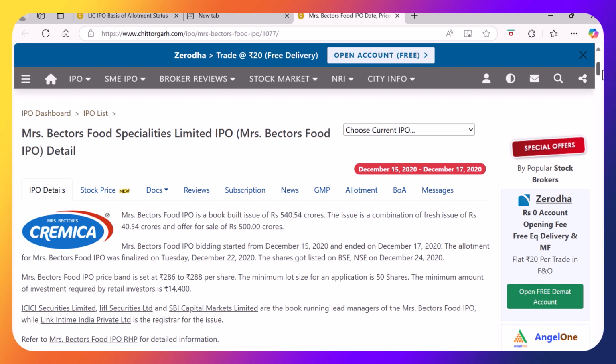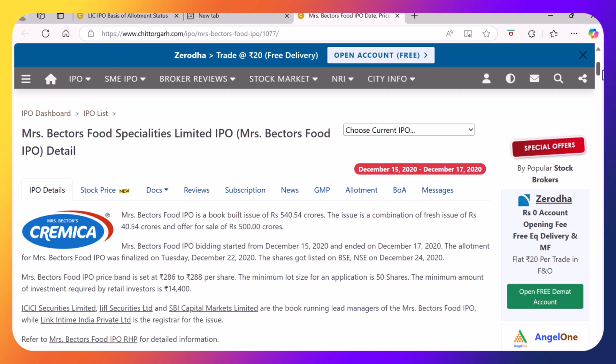So what does it mean, Ananya? How much money will go to the company for future expansion, and how much money will go to the existing investors? Anyone? The fresh issue of 40.54 will be used for further expansion, and the offer for sale will be used for the existing shareholders.